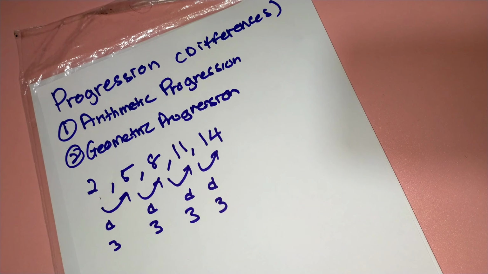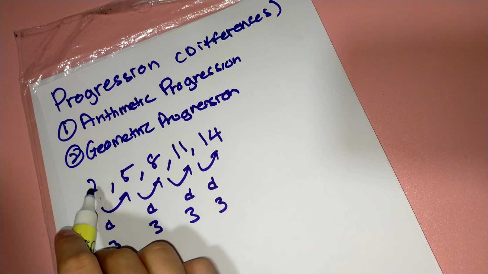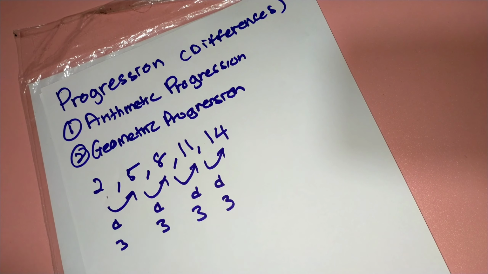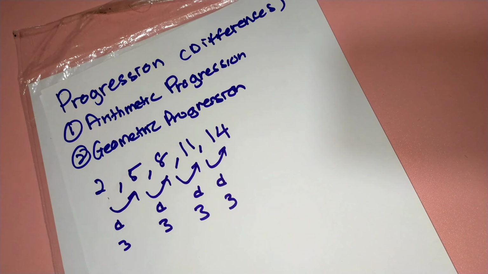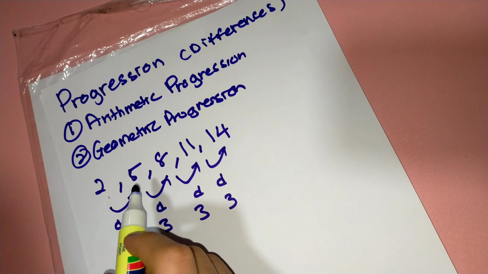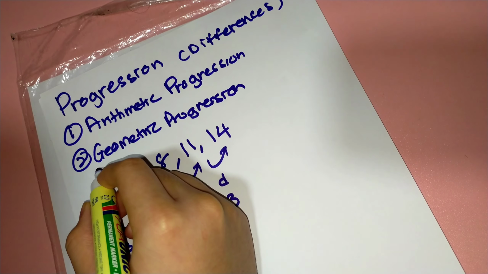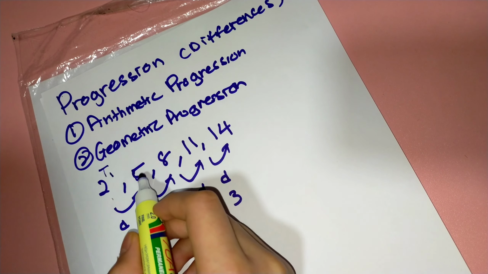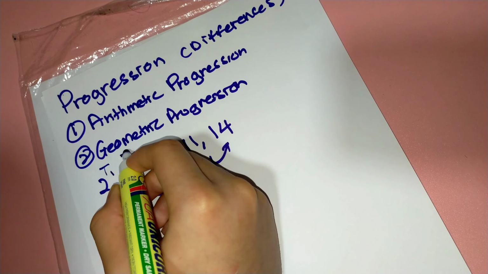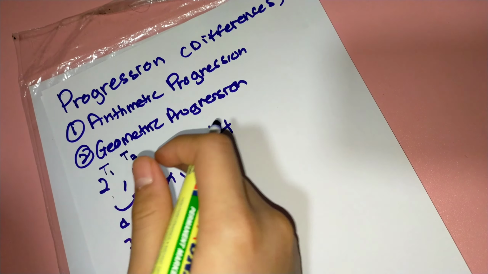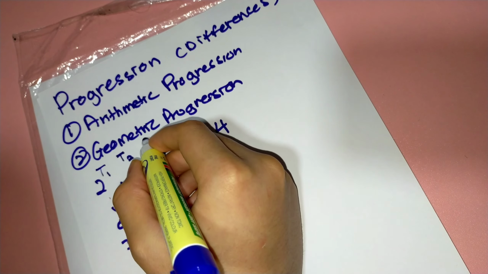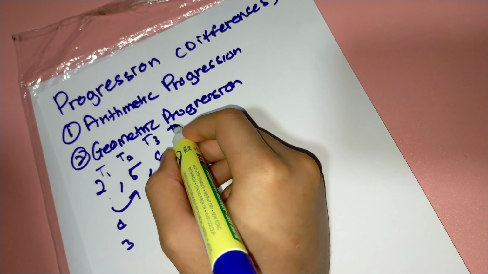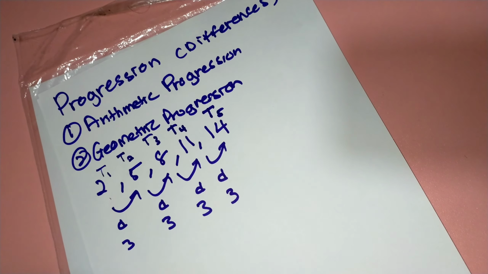So in this chapter, the main part you must know is every number has its name, which is called term. So for the first number, which is 2, we call it first term, which stands for T1, and 5, the second number, we call second term, which is T2, and 8, 11, 14 we proceed like third term, 4th term, and 5th term.